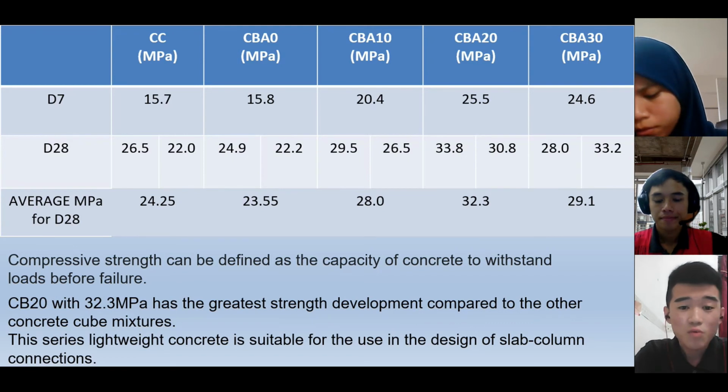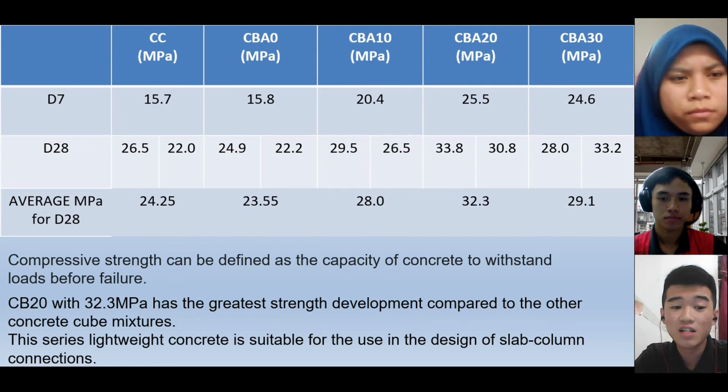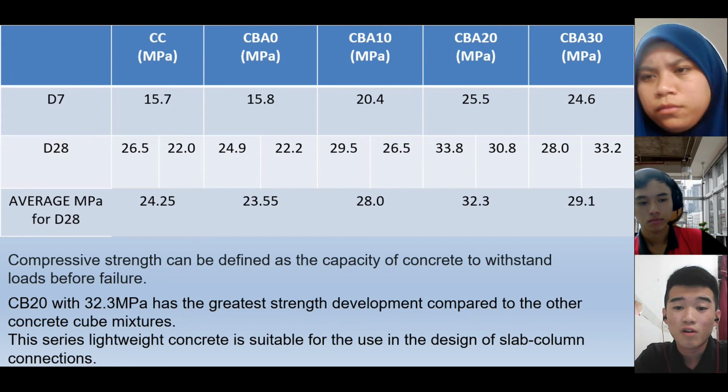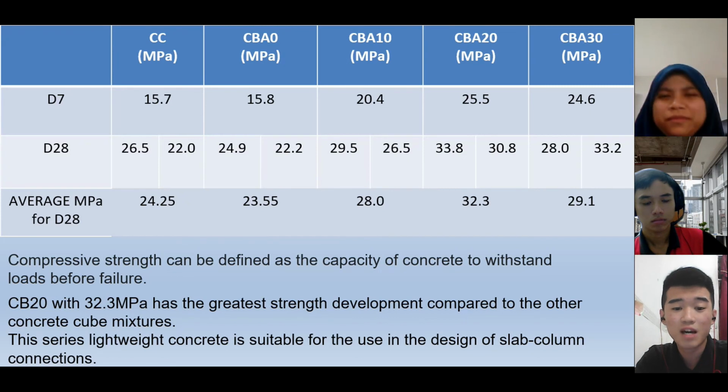Now we can look at CBA20, where we get the highest megapascal for our concrete cube, with 20% bottom ash, which is 32.3 megapascal.